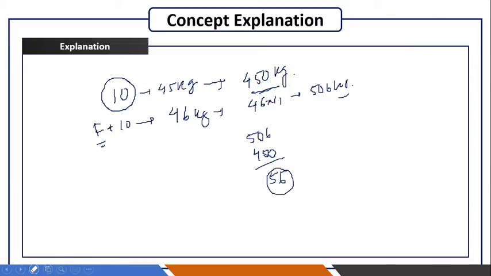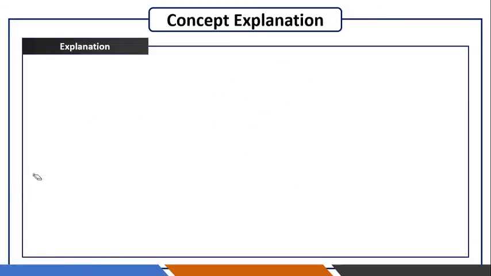The problem is, in a class we are having 10 students, and the average weight of the 10 students is 45 kg. One student named A joined the class, and the average weight hence became 46 kg.